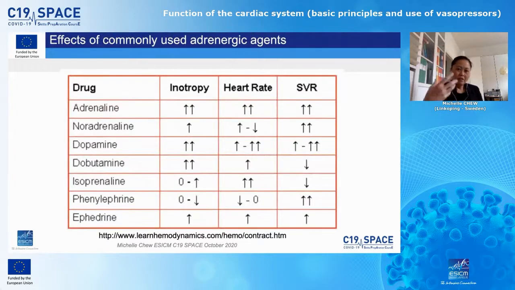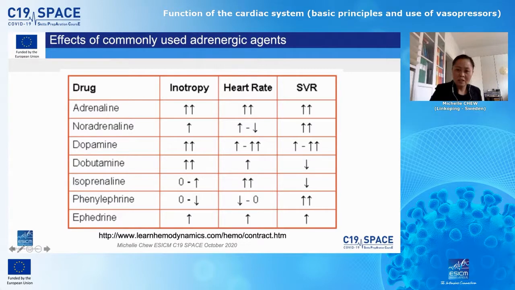So instead of thinking about receptor physiology, it may be useful to think of the clinical effects of these drugs. So we know that adrenaline, which is a classical resuscitation drug, will increase contractility, so inotropy. It will increase the heart rate, and it is also a potent alpha 1 receptor agonist, so it will increase the systemic vascular resistance.